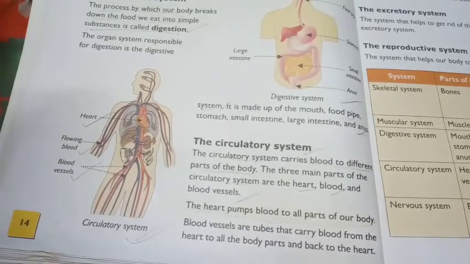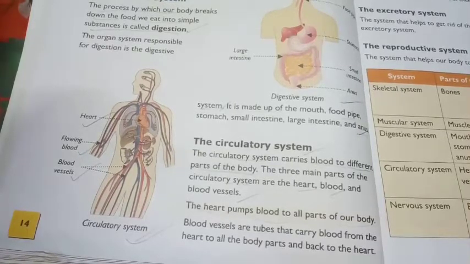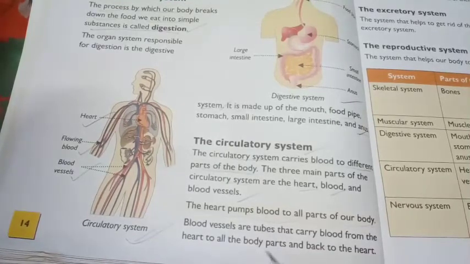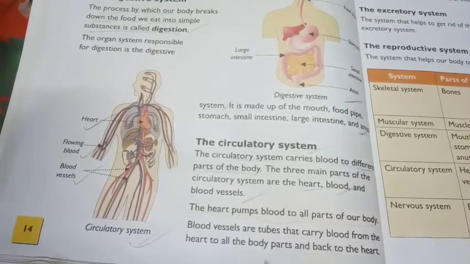Heart is not an organ system. Heart is an organ which has a specific function to perform. What is that specific function? The heart pumps blood to all parts of our body.